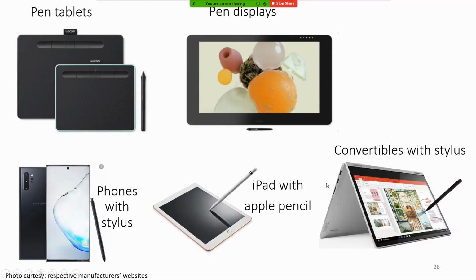You can also use a convertible like this, which comes with a stylus. There are two different types of stylus. The stylus should come with a very fine head. If you look here, the tip is very fine. Otherwise, typical touchpad ones might not help you in most cases.